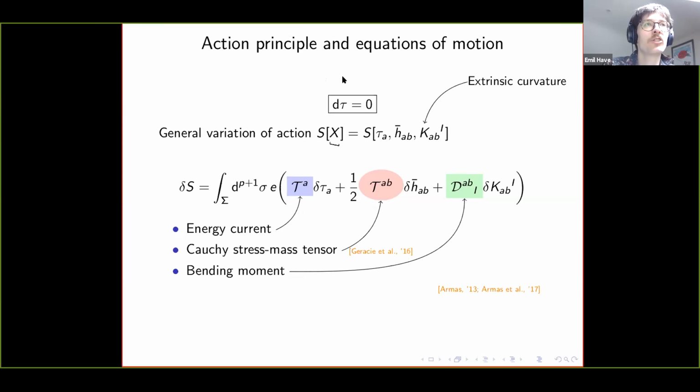So in general, it is not true that you can set the torsion equal to 0 before variation, but because all we're interested in are the variations with respect to the embedding map, this can actually be done. So that is a hugely simplifying feature.